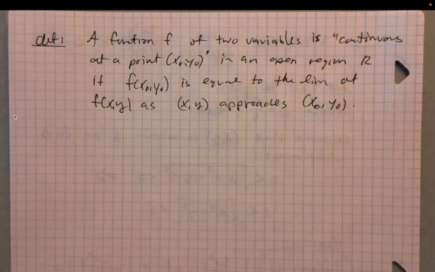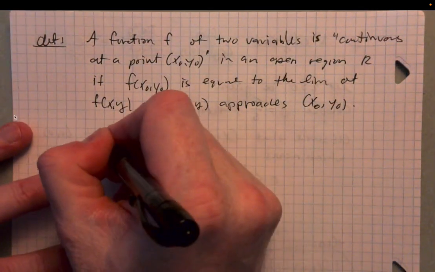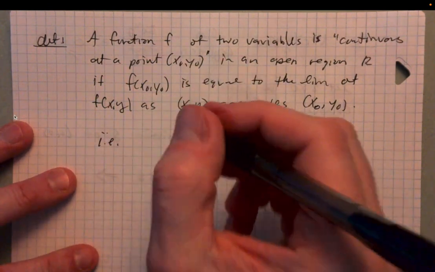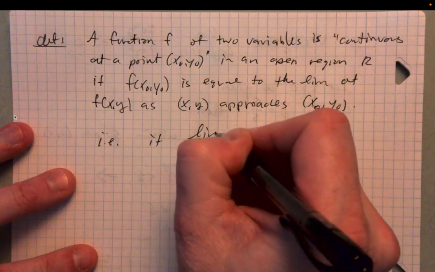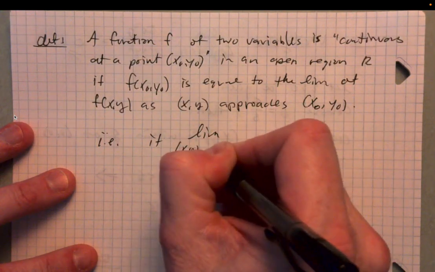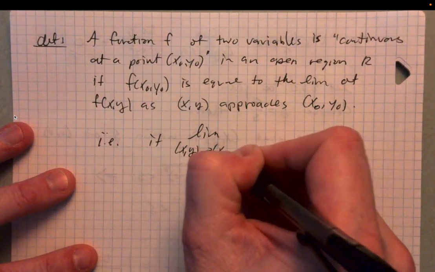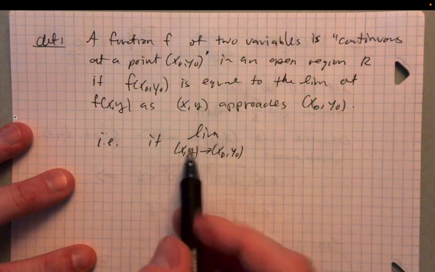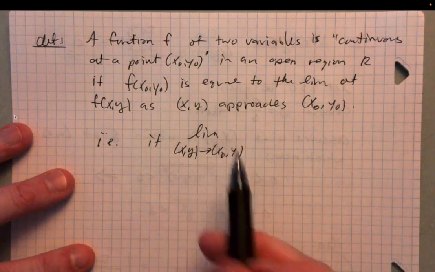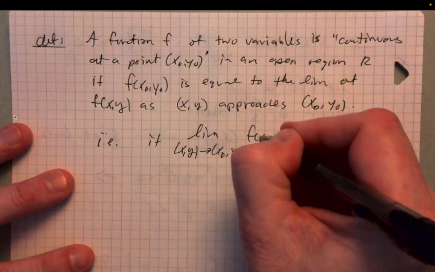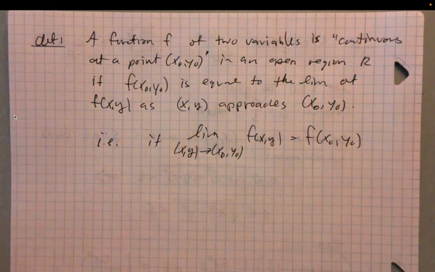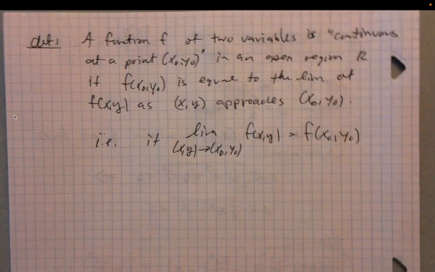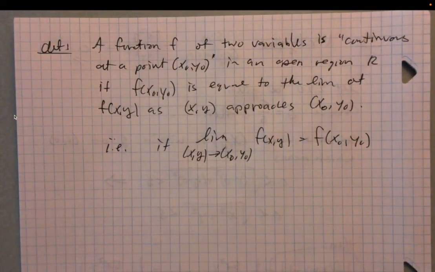Another way to say it would be: the limit as x y approaches x naught y naught of f of x y equals f of x naught y naught. There we go. That's basically the same definition of continuity that we had in Calculus 1.